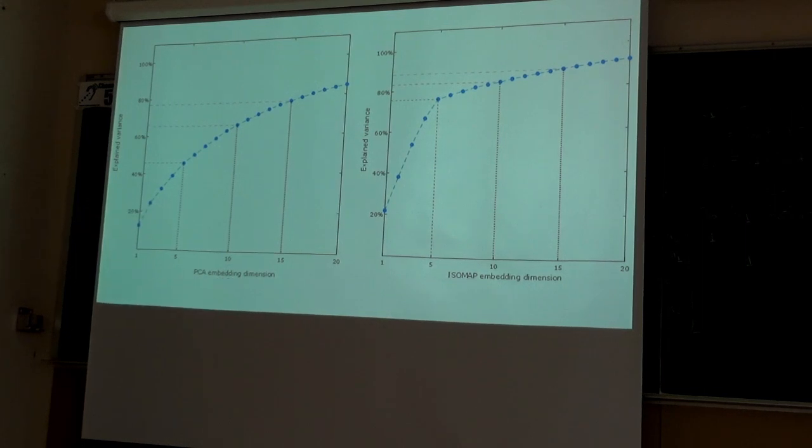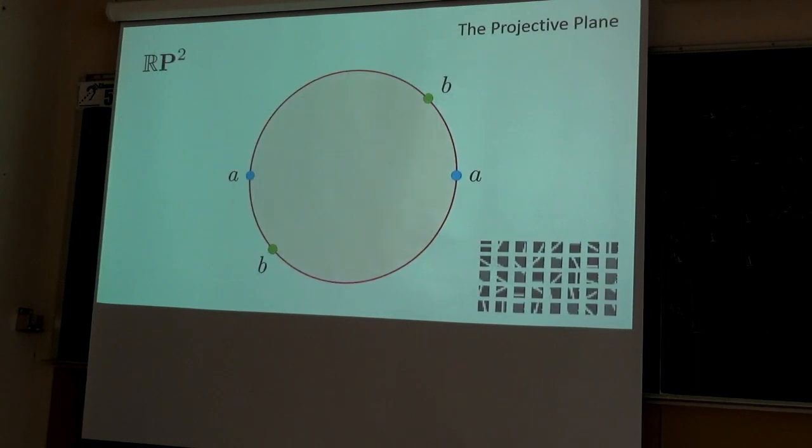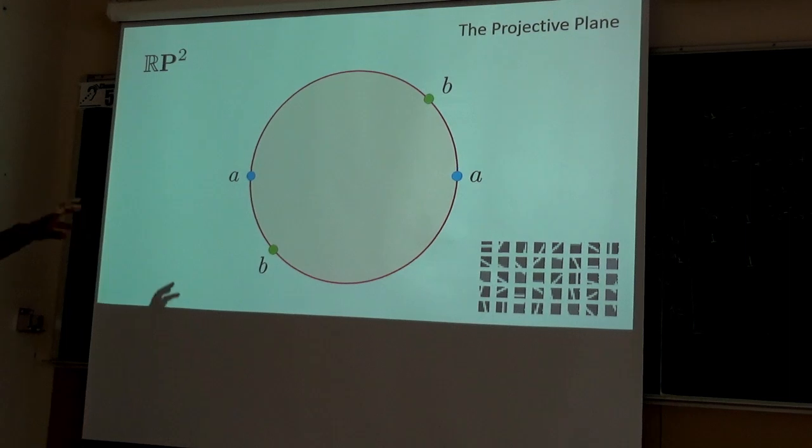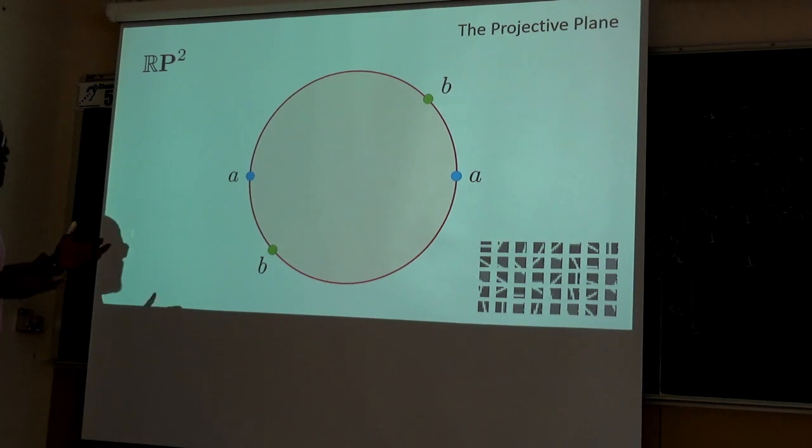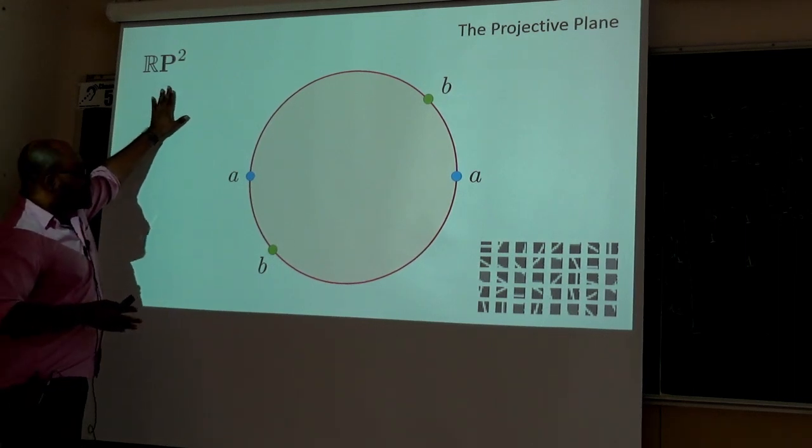So utilizing tools from topology, perhaps we'll see it in this semester, perhaps we won't, we were able to determine that the right space for the data, in other words, the space that parameterizes the data set, is RP2, the real projective plane. Let me explain these carefully. So first, let's see what RP2 is.